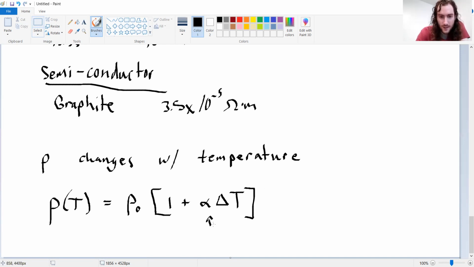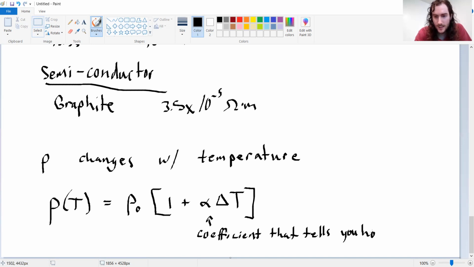And so this here is the coefficient that tells you how sensitive a material is to temperature change.